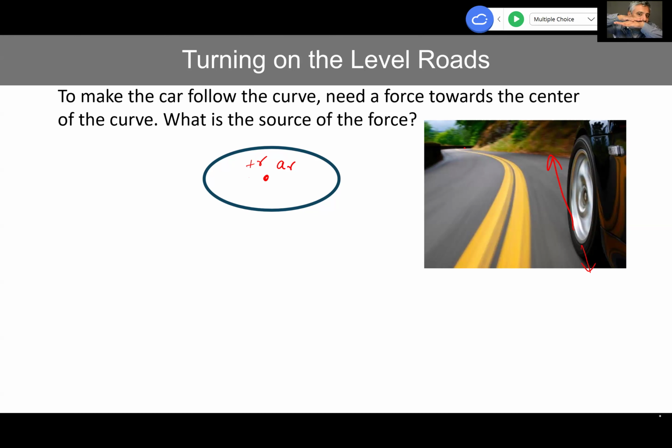You can hear that sound of the tire on the road. It's that friction we're talking about because the tire is turning, okay? So that force must be coming from that friction force, and that friction force would be static friction force because the tire is not skidding here, okay? So it is static friction force.